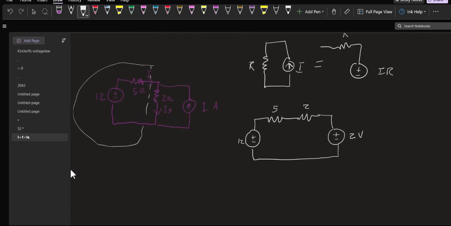Then this is equivalent to, that's 12 volts. And then just going to slide this one over here, I have 2 volts. 2 resistors are in series, so that's 7 ohms.